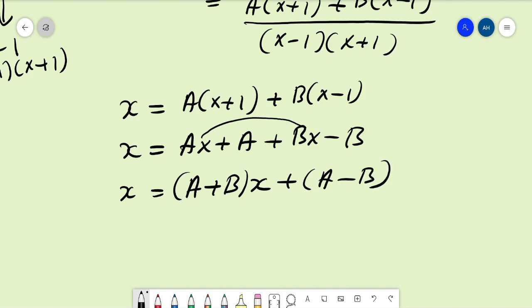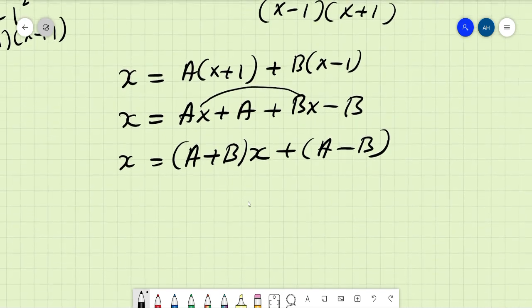So now we compare between left and right hand side in terms of the coefficient. Here the coefficient for x is equal to 1 on the left hand side. On the right hand side, the coefficient for x is a plus b. Therefore, by comparing, we see that a plus b is equal to 1.